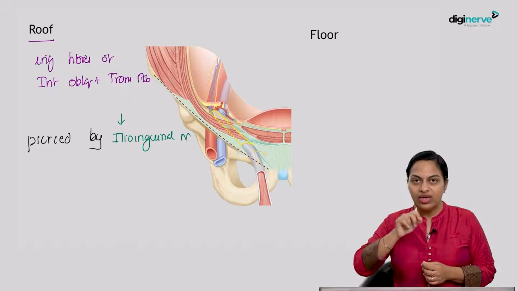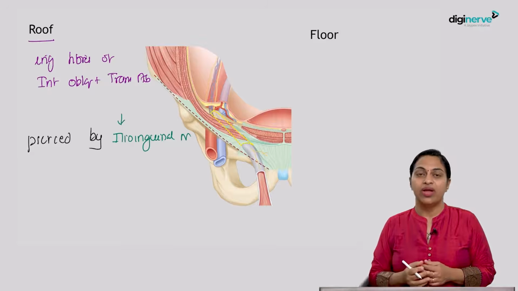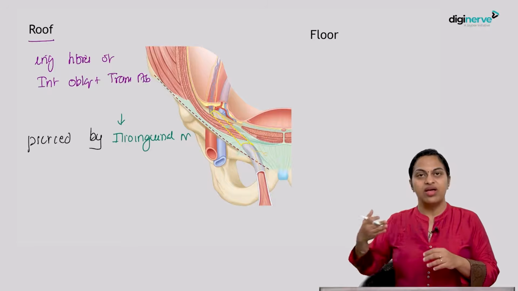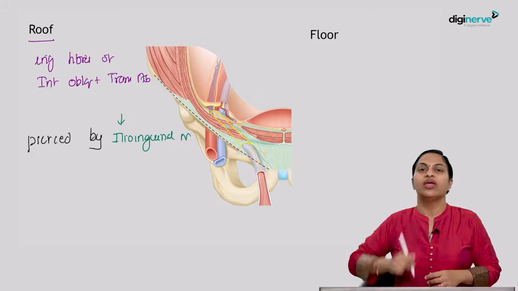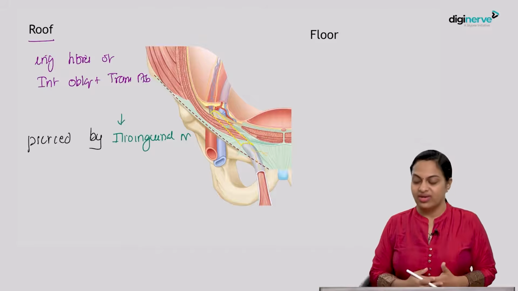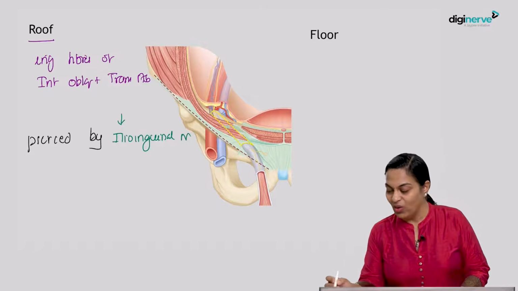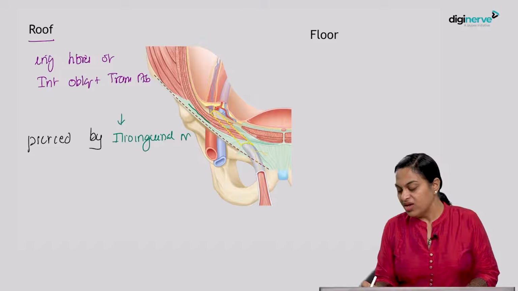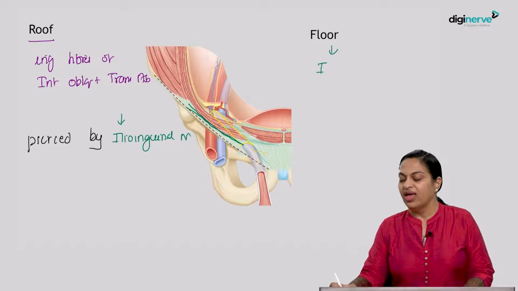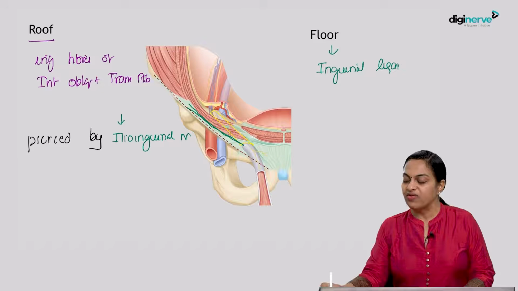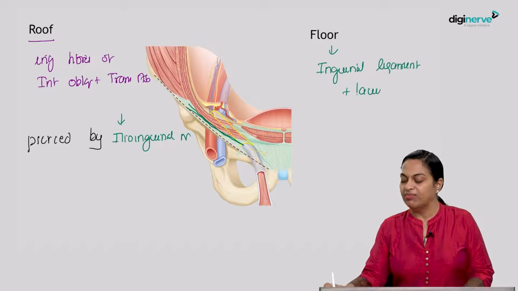So the ilioinguinal nerve, the ventral ramus of L1, which lies between these two muscles, pierces the roof of the inguinal canal to enter it. Okay? And the floor, yes, you can tell me, the floor of the inguinal canal is formed by the grooved upper surface of the inguinal ligament, and in the medial part by the lacunar ligament.